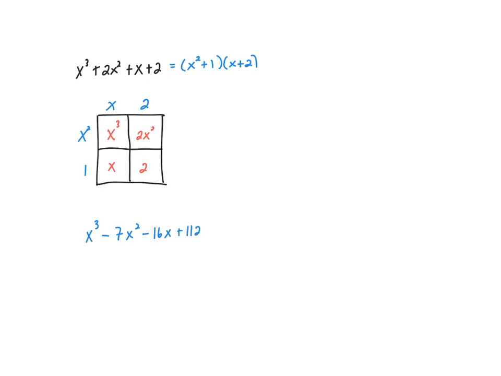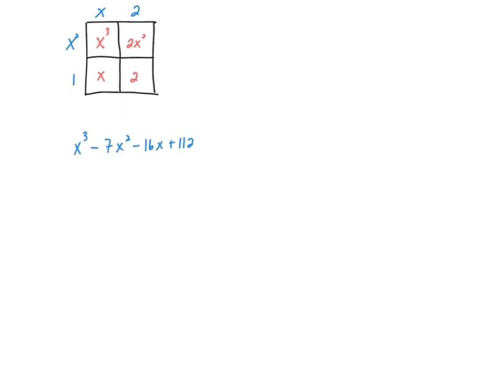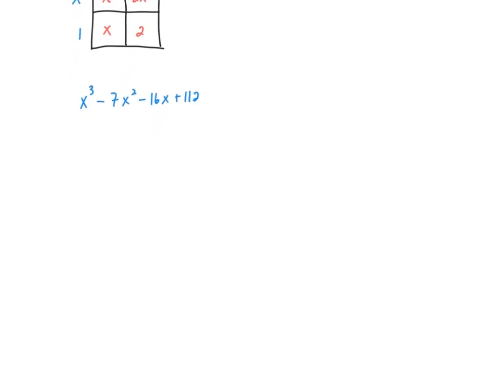Okay, so again, first thing I'm going to do is make the box, and then go in order. I'm going to put x cubed here, negative 7x squared here, negative 16x, and 112.